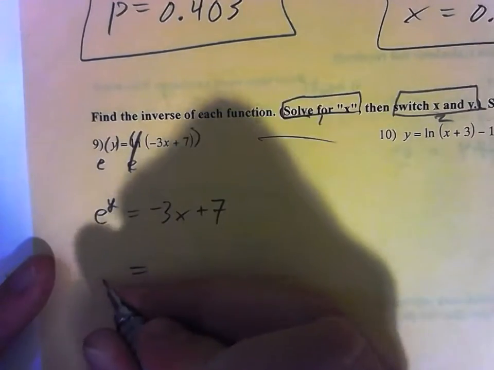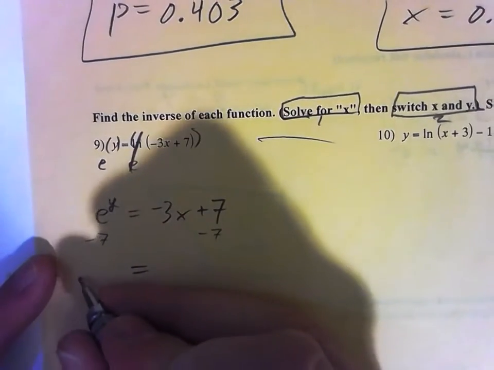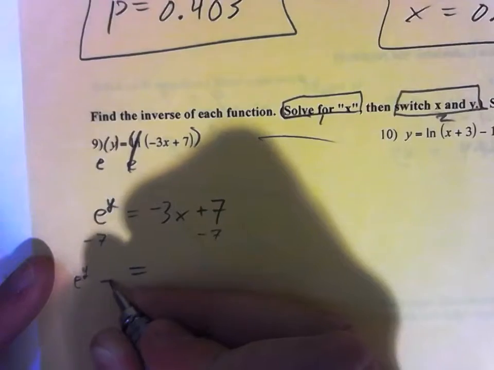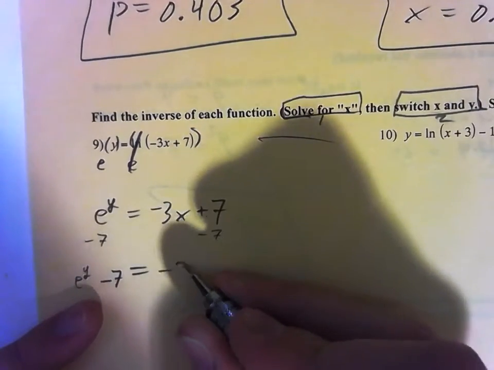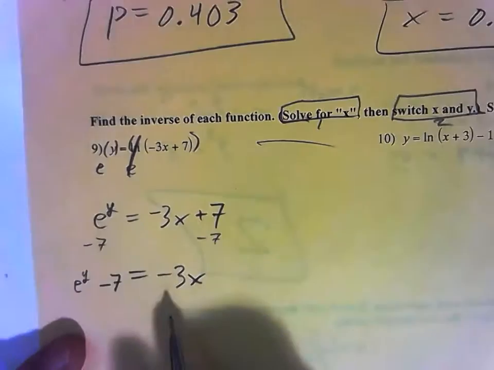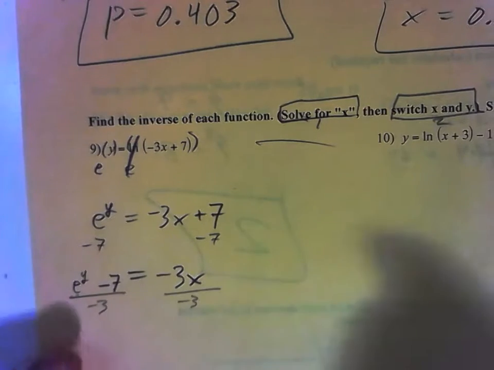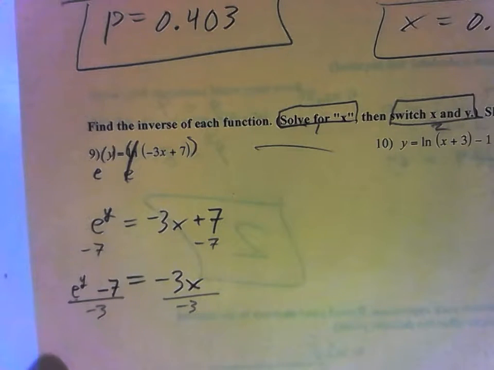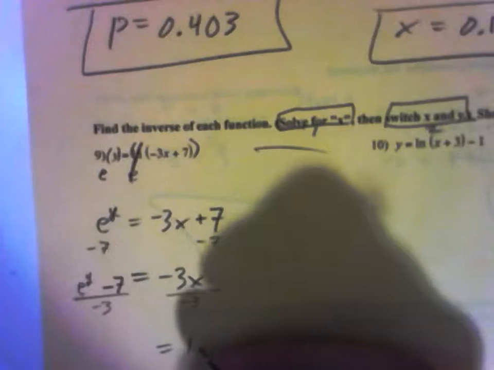Now I'm going to subtract 7 from both sides. I'm trying to get the x by itself here. E to the y minus 7. The minus 7 is not part of the exponent. Okay, I need to get rid of multiplying by negative 3, so I'm going to divide by negative 3. Negative 3 divided by negative 3 is 1, so that's 1 times x, or you could just say that's x.